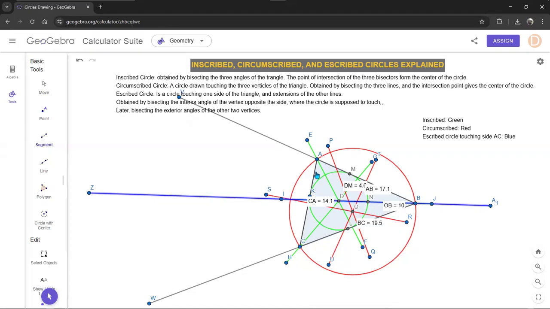I know you have noticed that since we extended this, we now have angle CAV, which is our V here. These two angles must add up to 180 because this is a straight line. So if you are talking about the exterior angle, in our case, it will be CAV. So we want to bisect that.